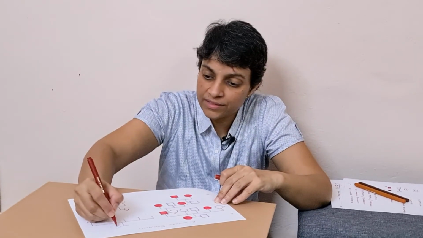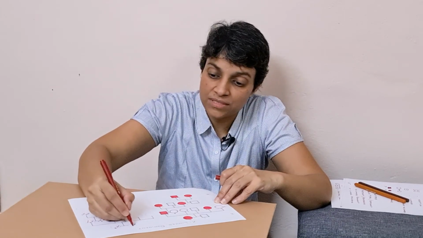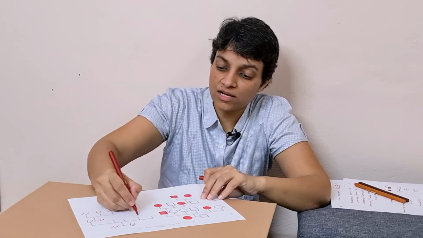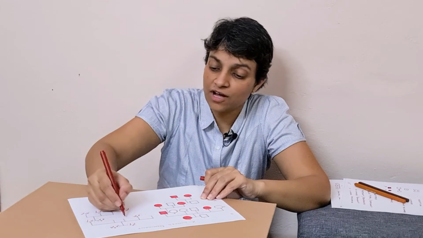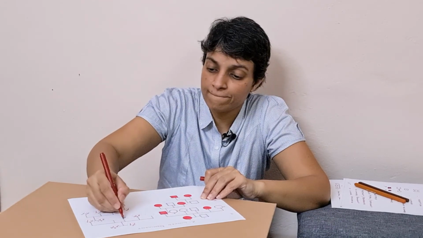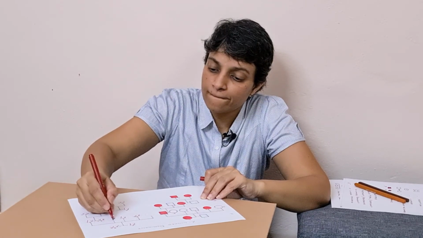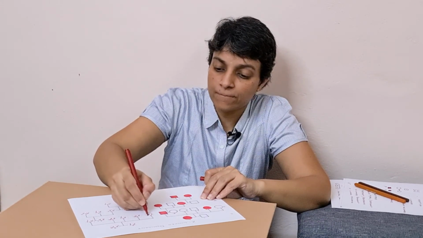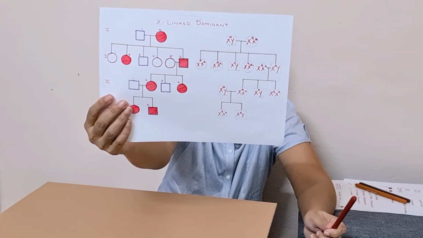And this mother herself shows the condition, so she must be X capital A. And some of her girls are not affected, so she's a heterozygote. And obviously the father is passing on the small a. And this is how we write the genotypes in an X-linked dominant inheritance.